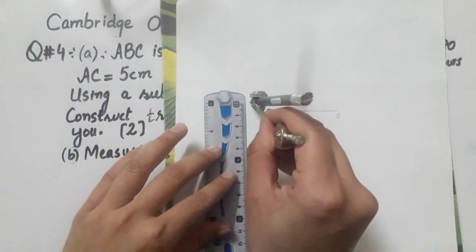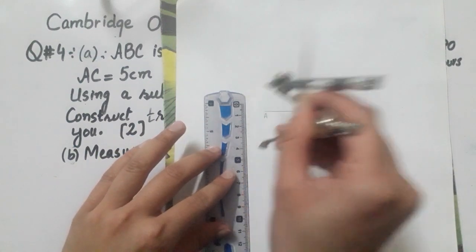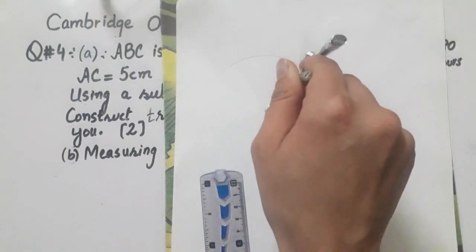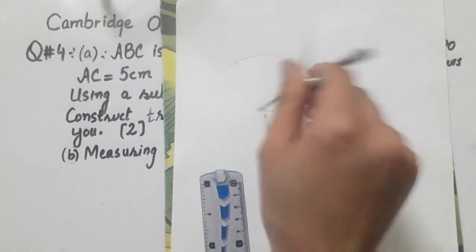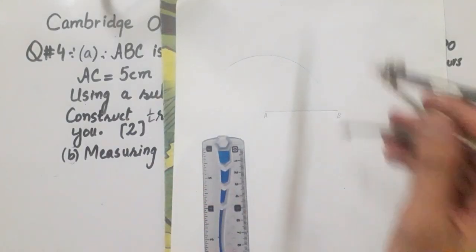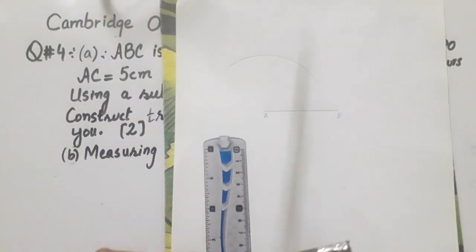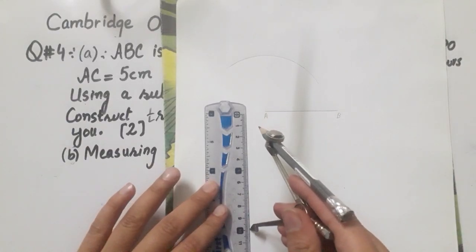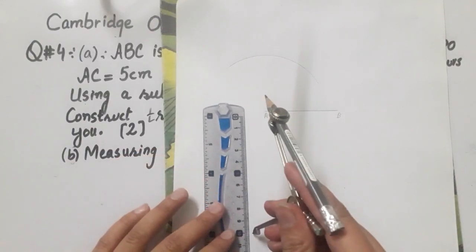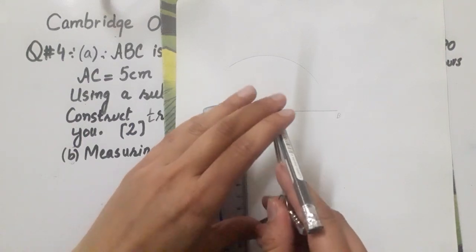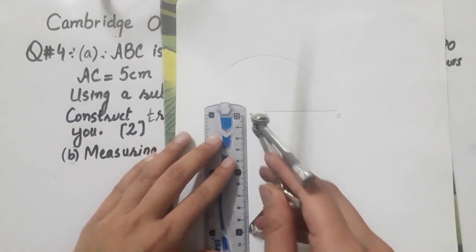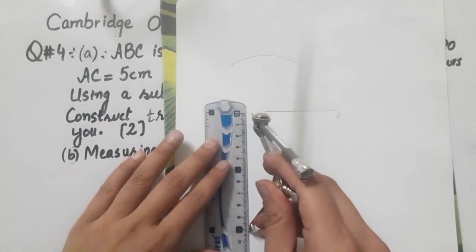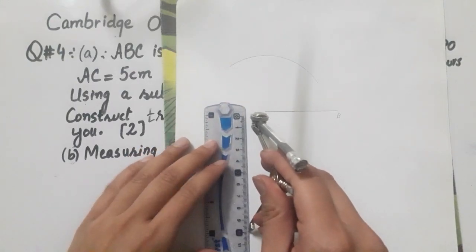So this is 5 centimeters, and draw an arc from point A. Now open your compass to 10 centimeters and place it on the point B and draw an arc.